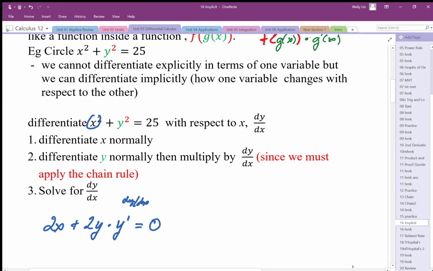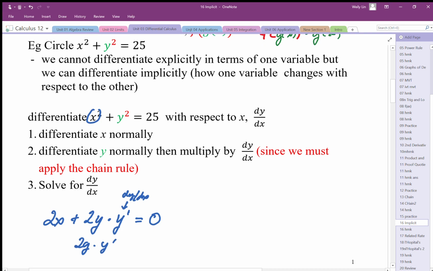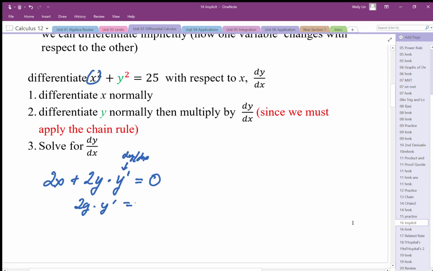Okay? And I just want to make sure that I can find that. Well, I just need to isolate that algebraically. So when I rearrange this, I get 2y times y prime equals negative 2x, and then solving for y prime is equal to negative 2x over 2y.